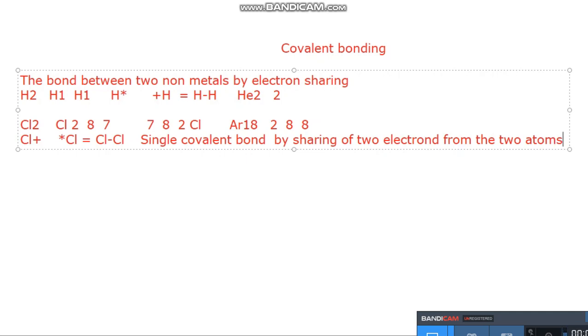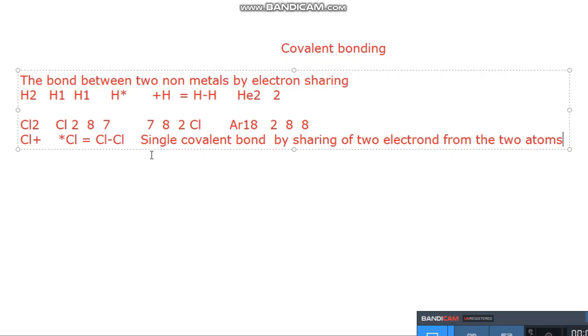Every atom shares one electron. So if every atom shares one electron, it will be called a single covalent bond. So we have here a single covalent bond. Okay, this is an example for single covalent bonding.